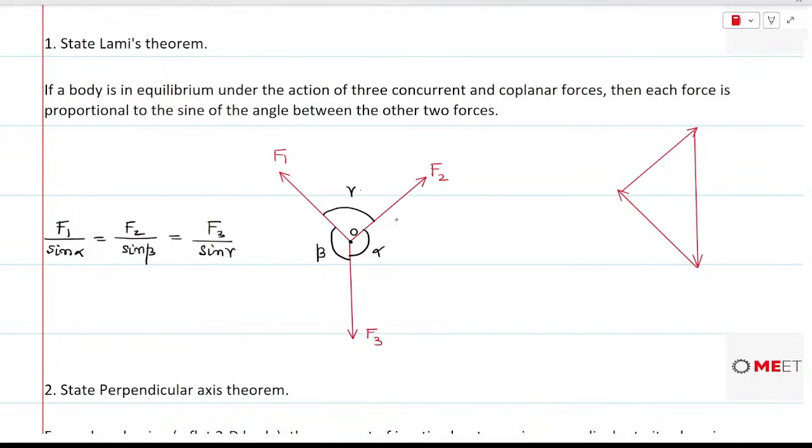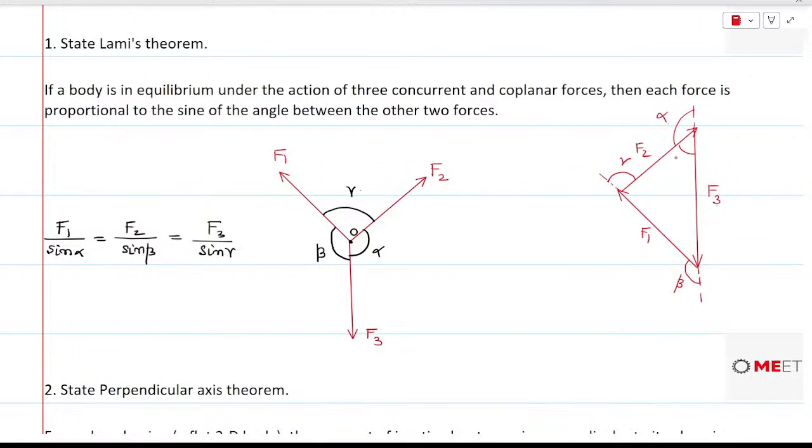So now if we mark the angles, this was F1, this will be F2, and this would be F3. The angle subtended between F2 and F3 will be 180 minus alpha, or else this angle here would be alpha, and the angle between the extension of F1 and F2 is gamma, and the angle between the extension of F3 and F1 is beta.